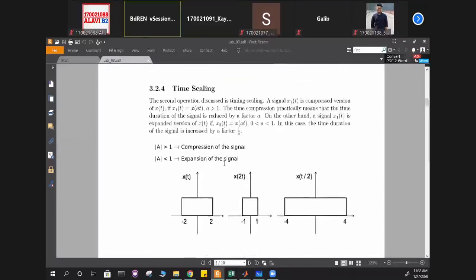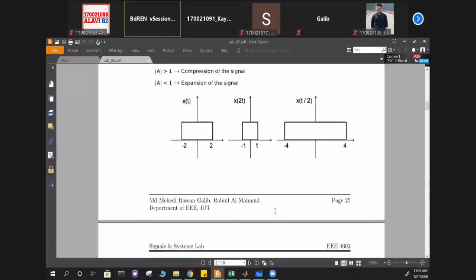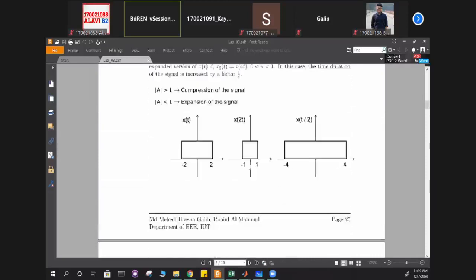Okay, tell me about time scaling. The multiplication factor, let us say a. If a is greater than 1, what will happen to x(at), where x(t) is your original signal? The signal will be compressed. And a less than 1? It will expand. Okay.